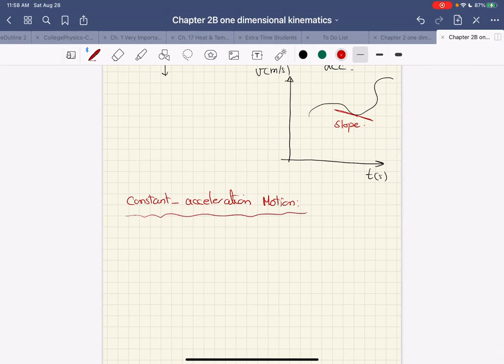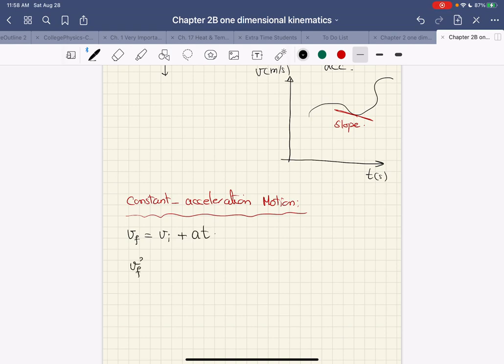And we have 4 equations. I'm going to list them first, and then I'm going to show you how we are going to use these. Okay, the first one is V final equals V initial plus AT.